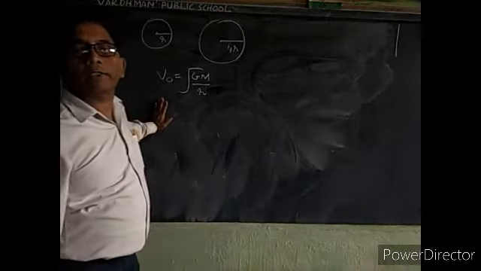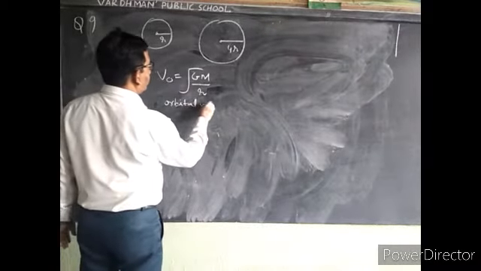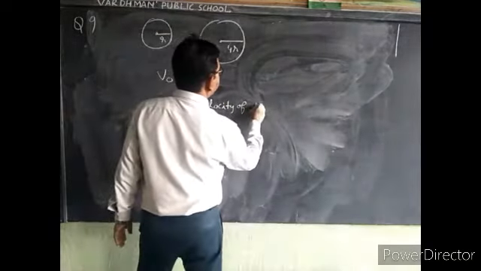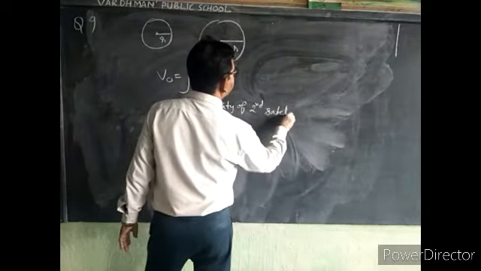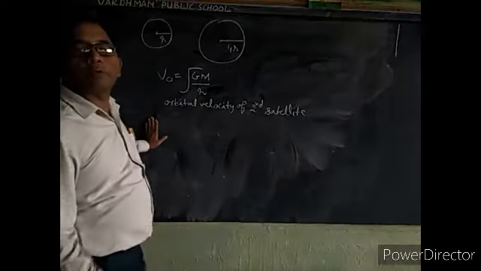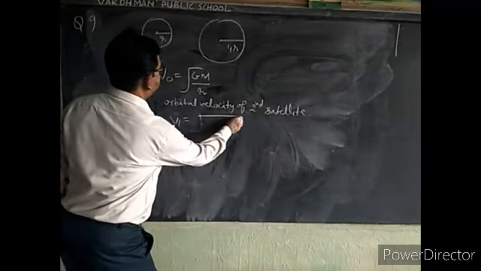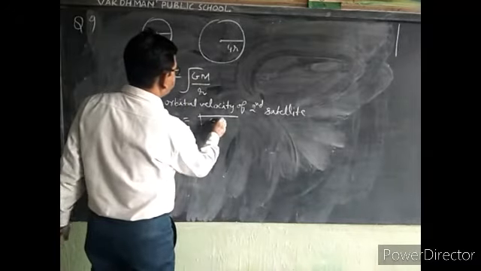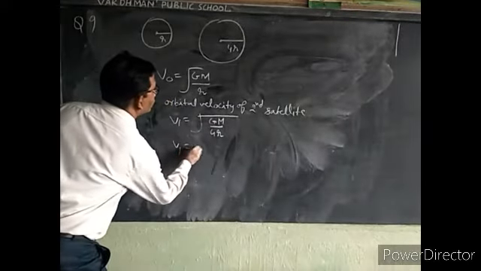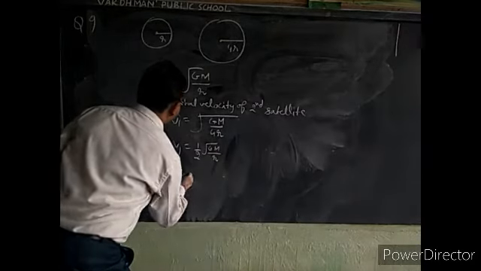Now the orbital velocity of the second satellite, suppose we denote it v1, is equal to under root GM upon 4r, that is, v1 is equal to 1 upon 2 under root GM upon r.